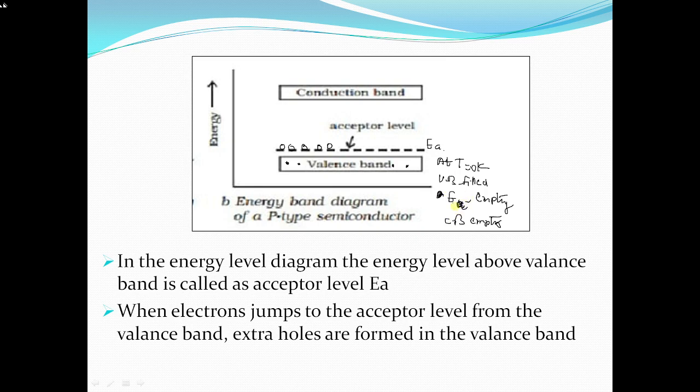Now, when you give temperature, at T greater than 0 Kelvin, what happens? Here the hole is ready to accept electrons. So the electrons move from the valency band to the acceptor level, leaving holes in the valency band.